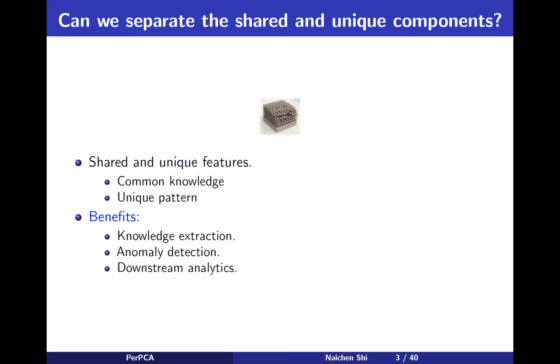The common factors are representative of the common knowledge shared among all these printers, and the unique components are indicative, perhaps, of the anomalies within each 3D printer. And both of these components are indicative of downstream analytics. They are useful perhaps in classification, in prediction, or in anomaly detection.